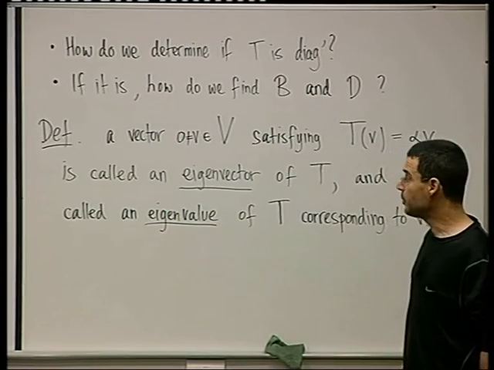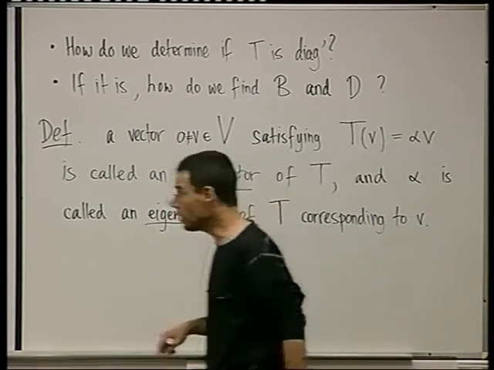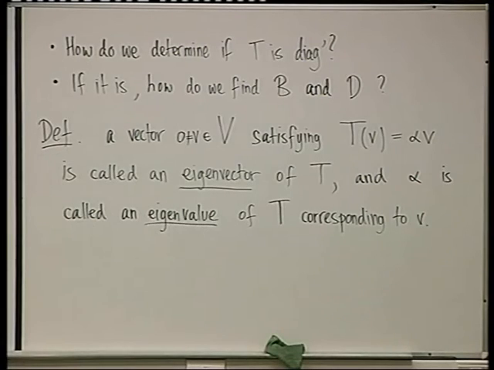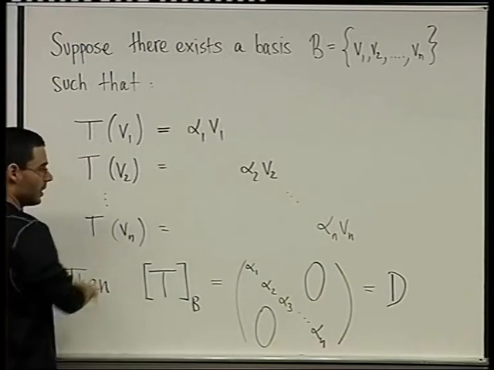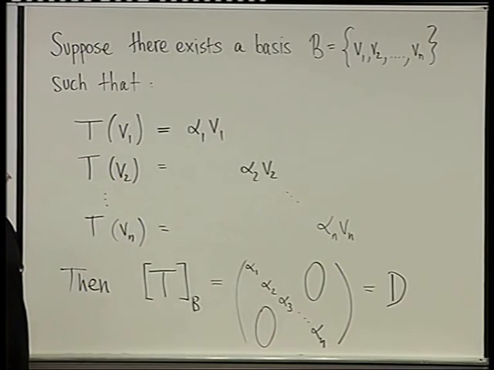And if we go back to a couple boards ago, what we're looking for, now we can say a bit more formally, is a basis of eigenvectors. These are precisely vectors that are eigenvectors by definition.